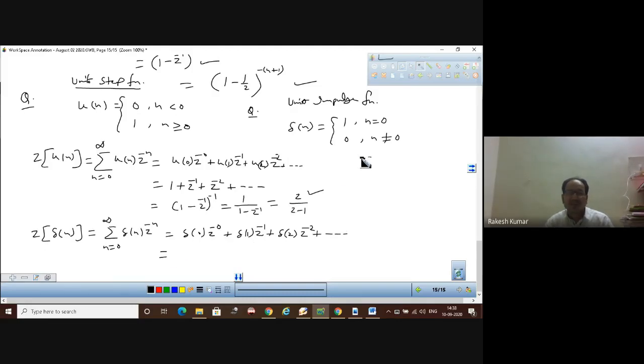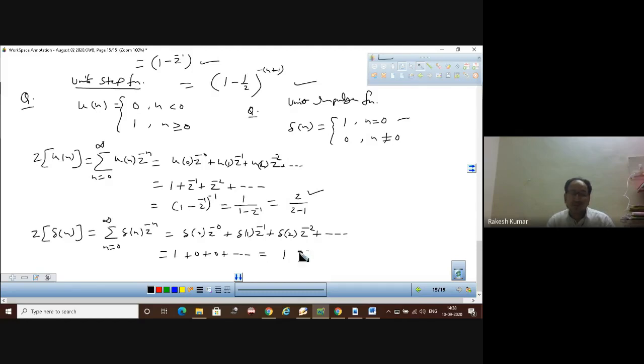What is the delta of 0? The value is 1. You just see that the value of delta of 0 is 1, and other values are all 0, so it will be 0 plus 0 plus so on. Ultimately the value is 1.